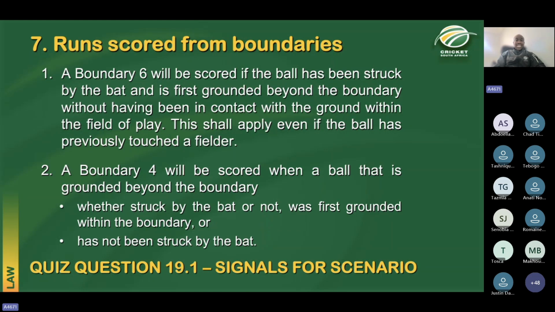What signals will the umpire make for this scenario? The scenario is as follows. A fast bowler bowls a ball, which is a short-pitched delivery, also known as a bouncer. The striker attempts a hook shot, but misses the ball with both his bat and his gloves.